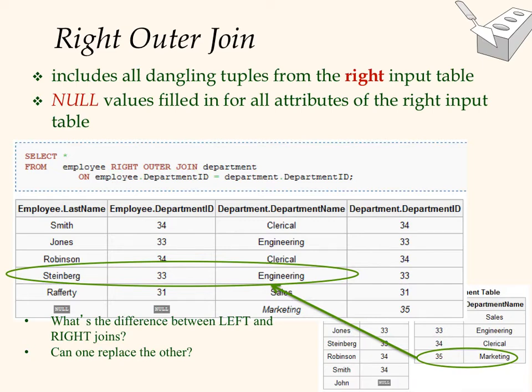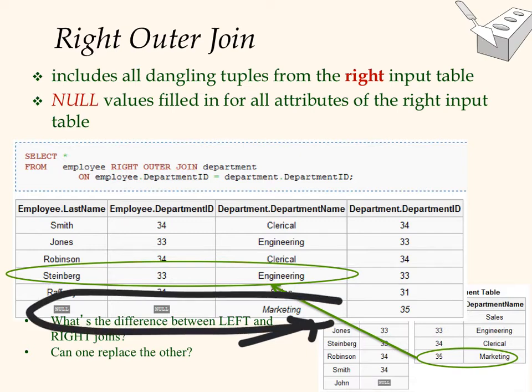So in the example, if again your intention is to list for every employee their department, and there's a department that just happens not to have any employees in it, like marketing, then instead of just losing the marketing department, the right outer join will include a tuple for it, and then the employee information will just be set to null, which makes sense because marketing doesn't have any employee. And I just see now that the green circle here should have been around this tuple here, so sorry about that.